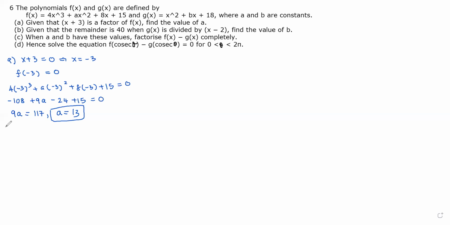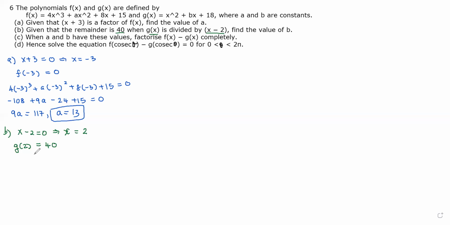Part B, we are given that the remainder is 40 when g of x is divided by x minus 2. Setting x minus 2 to 0, we have x equals 2. From the remainder theorem, g of 2 equals 40.